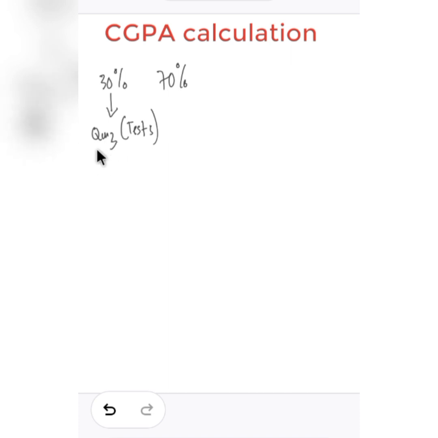Your quiz, your assignments, and your attendance, yes. They grade you based on your attendance. These are the three major things they grade you. Then this 70% is majorly your exam. So for most departments in the school, they use this 30/70. Some use 40/60, but for the majority of the departments, they use 30/70.